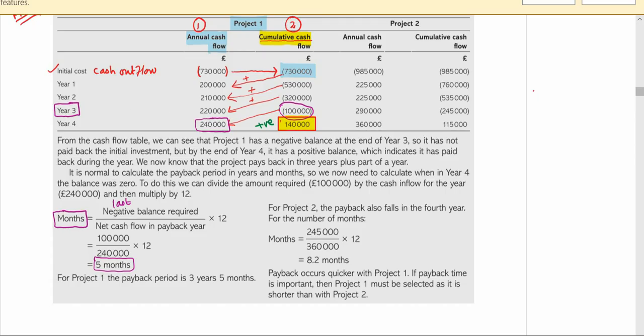So for project 1 the payback period is 3 years and 5 months.